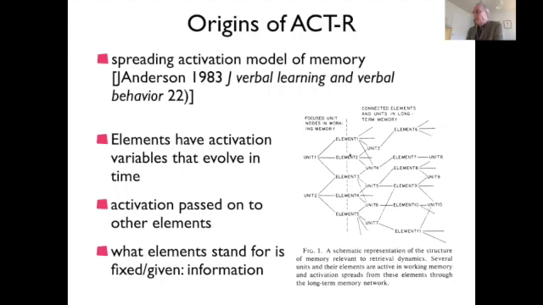And in that model, there were things that Anderson called elements. Each element had an activation variable associated with it, which evolved in time according to some fixed rule. And between the elements, you would pass activation. So an element could give activation to some other element. And what these elements stand for, what they represent, that's fixed. So we'll see in a moment some examples of such elements.